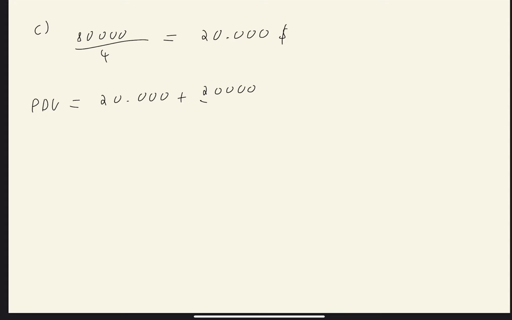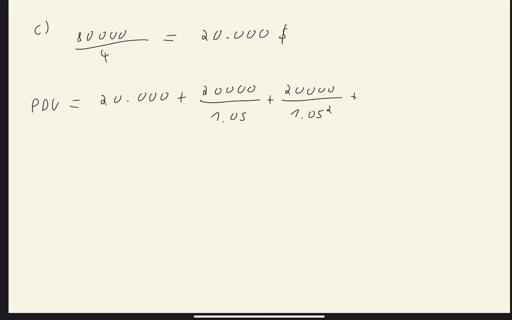So then what we do again is we divide the amount of investment, 80,000, by the amount of years that we're going to depreciate. That's 4. So we can deduct $20,000 each year. And then if we calculate the present discounted value of this, it's 20,000 plus 20,000 divided by 1.05 plus 20,000 divided by 1.05 to the power of 2.